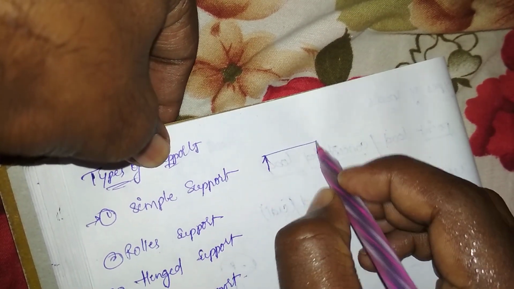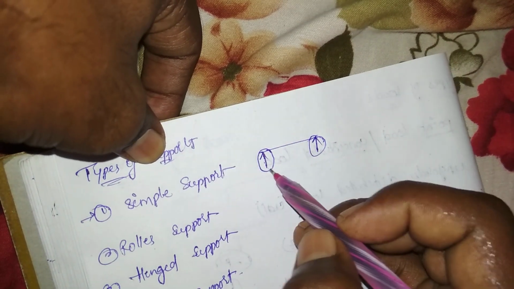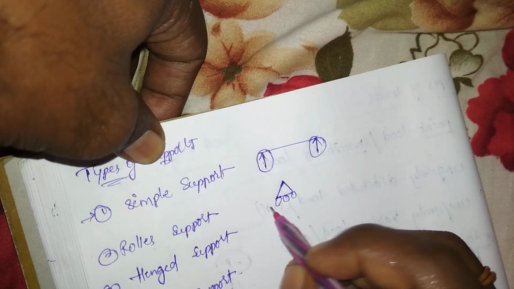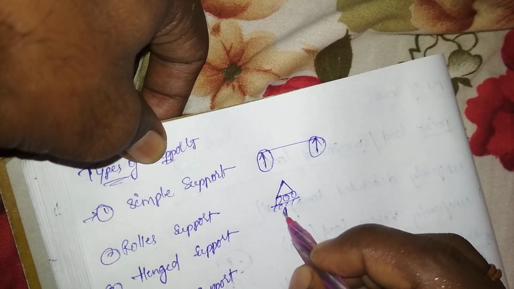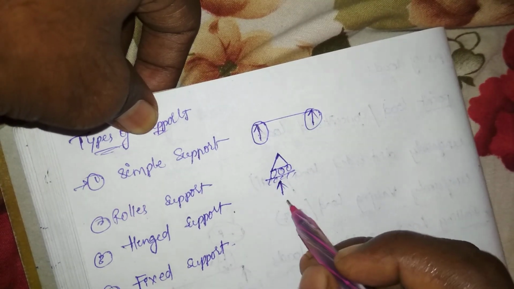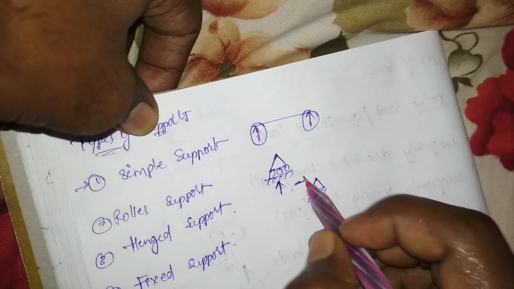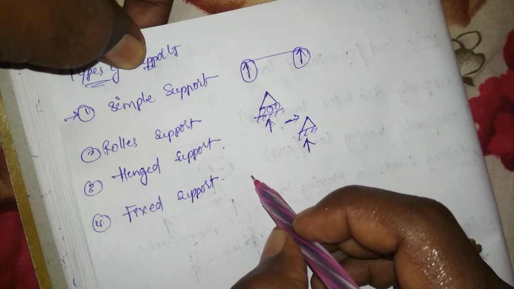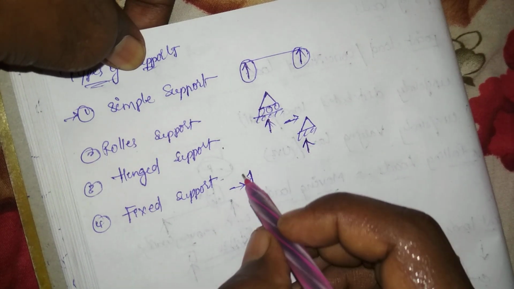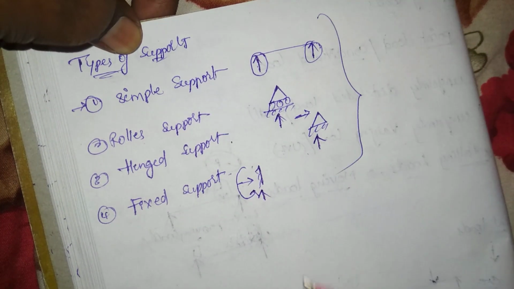Simple support means like this. As a simply supported beam, the supports are simply supported, not having any other reactions. A roller like this has only one reaction. Hinged support has a vertical reaction and a horizontal reaction. Fixed support like this has a vertical and a horizontal reaction, and it also consists of moment. These are the differences of supports.